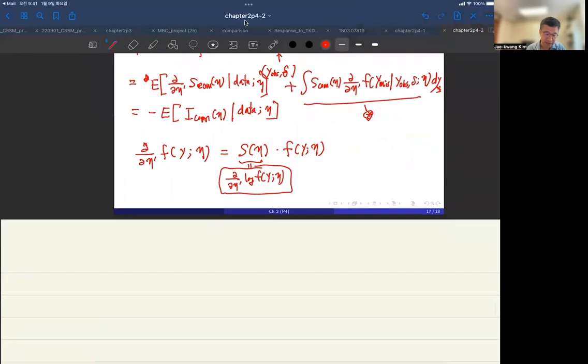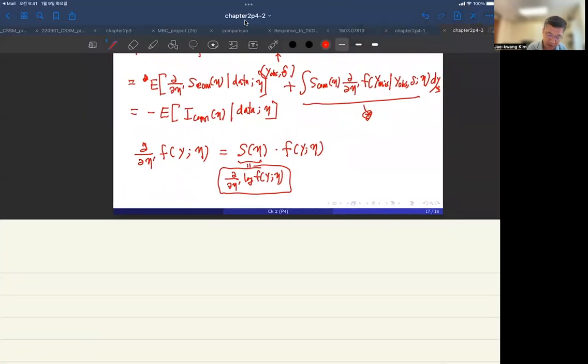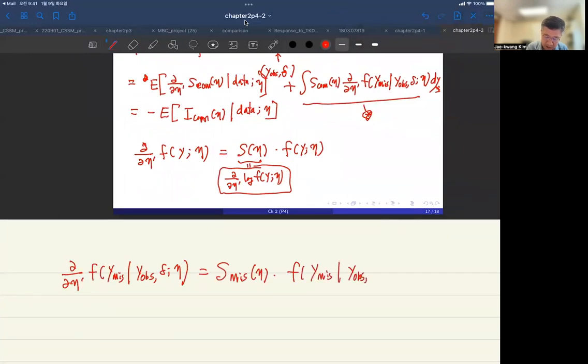So we use that, right? This holds for any general f. So that means we use this particular f, which is the miss. Then you have S miss, and then the density is Y miss given Y obs and delta and eta.